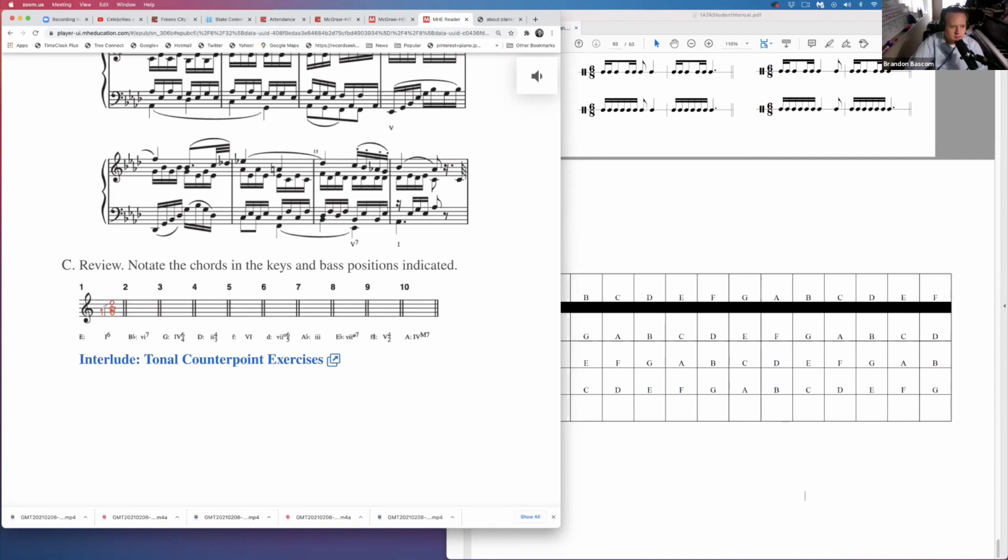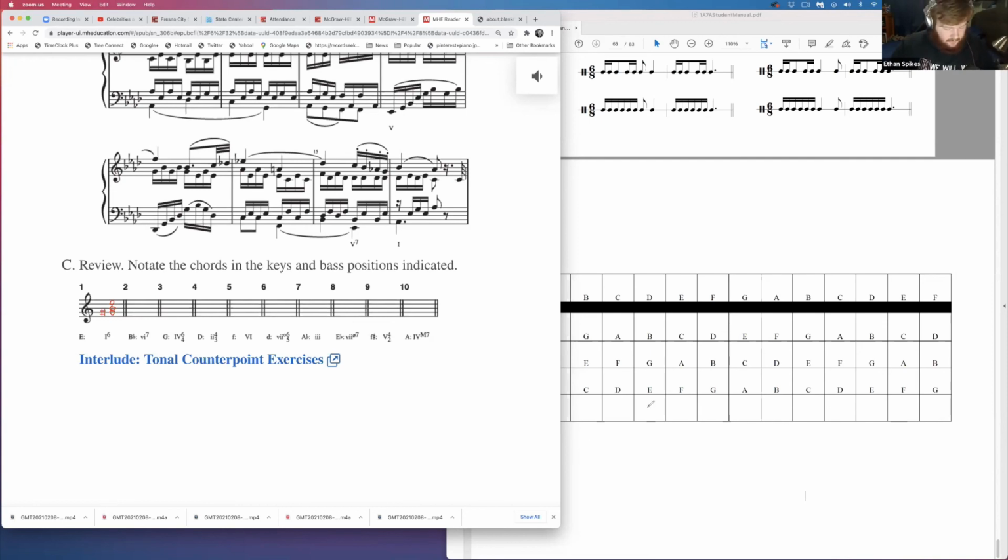This is the last page of the workbook. Okay. 86? Yeah. Thank you. You're welcome. B flat 6 7. Who wants to do that one? I can. Okay, go.